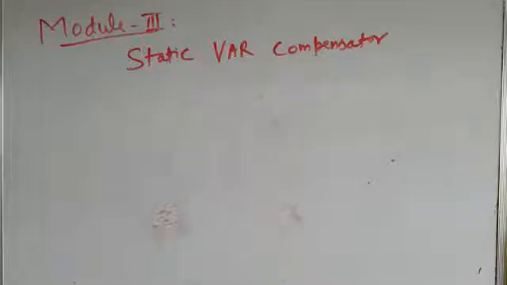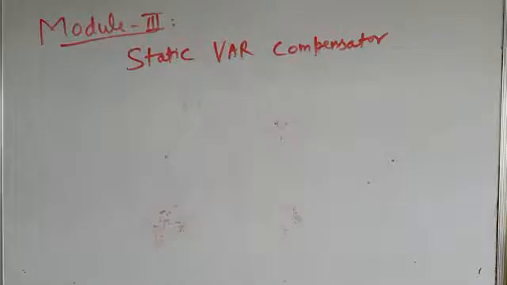Now I have also discussed with you the schematic diagram of a static VAR compensator. The main components of a static VAR compensator are the thyristor controlled reactor, TCR, and either a fixed capacitor bank or a switched capacitor bank. If the capacitor bank is switched, then switching may be done either through mechanical switches or through electronic switches.